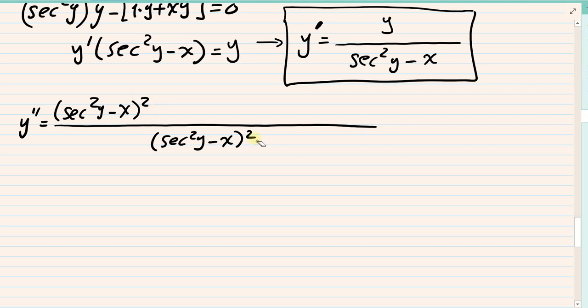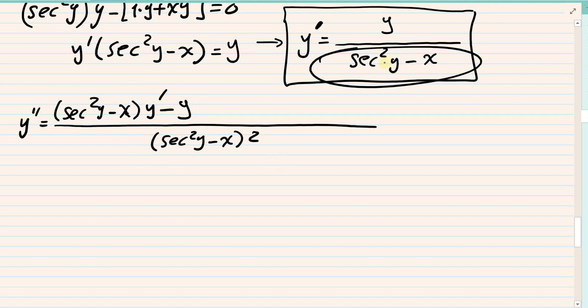Oh, actually, I'm sorry. This is not squared. We repeat the denominator before we square it. Okay. Times the derivative of the numerator is y prime minus y times the derivative of the denominator. And remember, we're taking the derivative of this denominator, not this denominator.